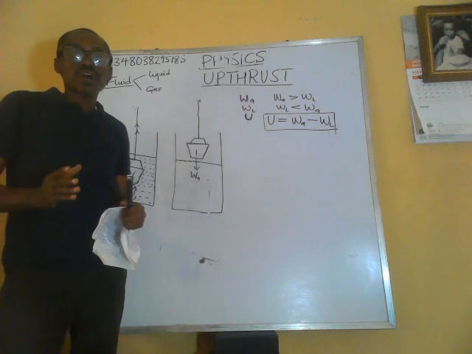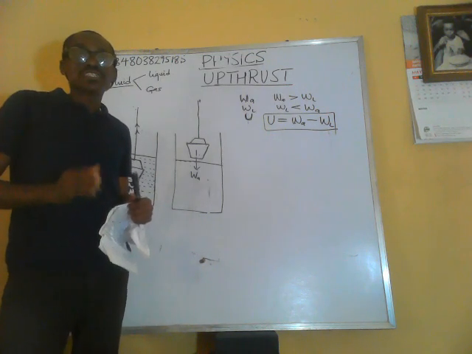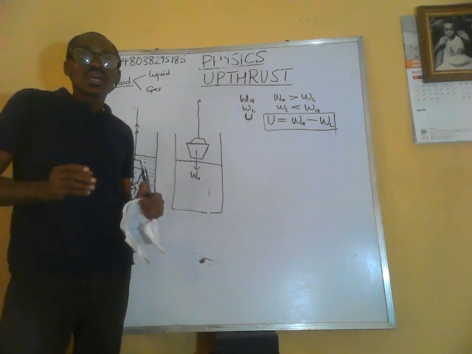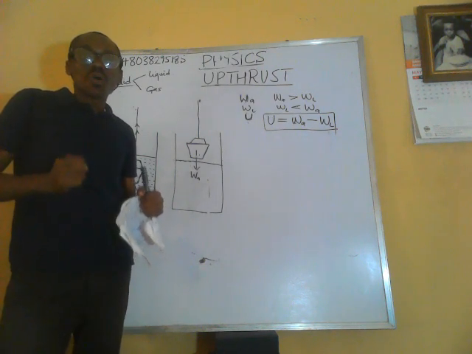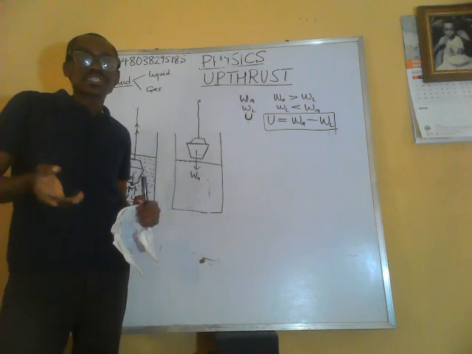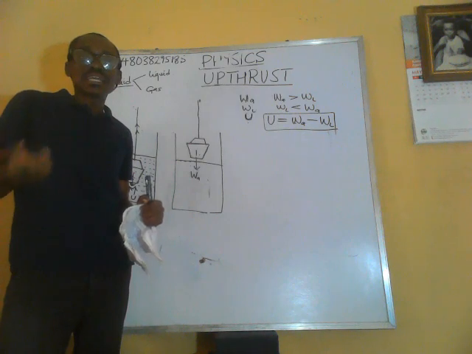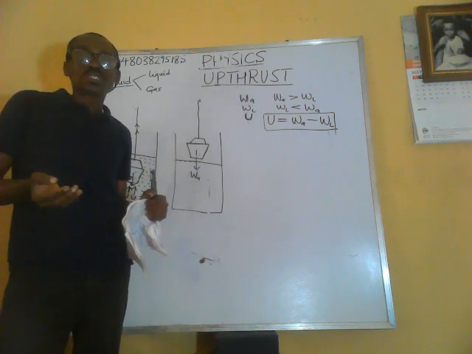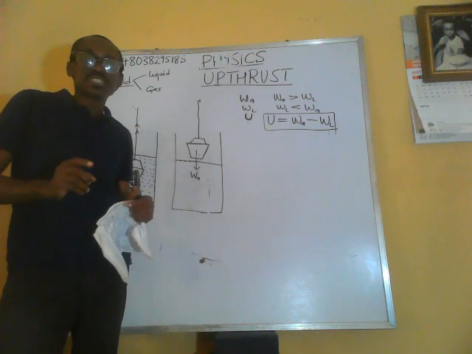Upthrust can be defined as the apparent loss in weight due to an upward force acting on a body immersed in a fluid, immersed in a liquid, immersed in a gas. So you can define upthrust as an apparent loss in weight.